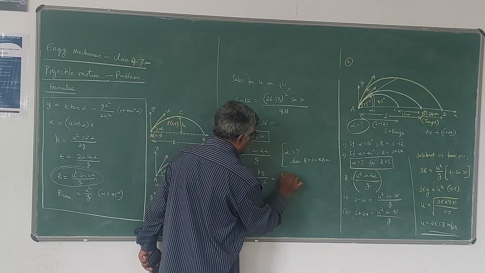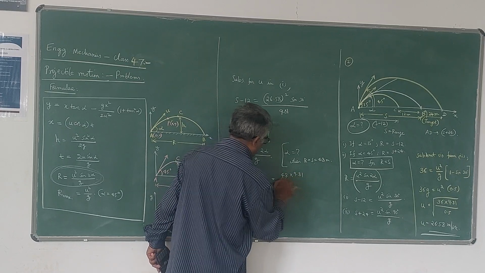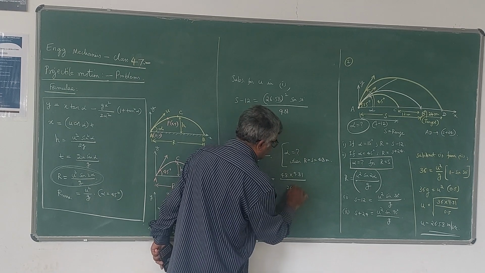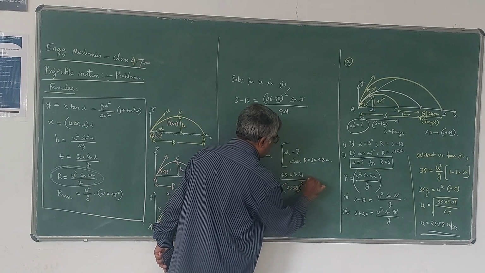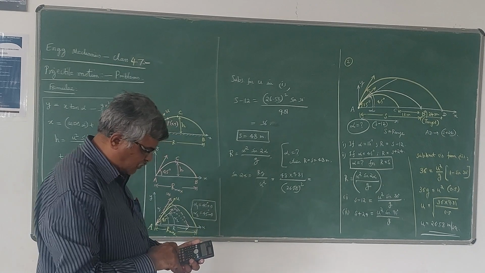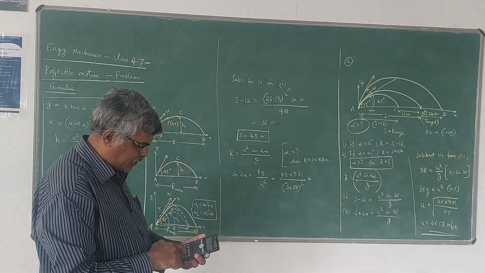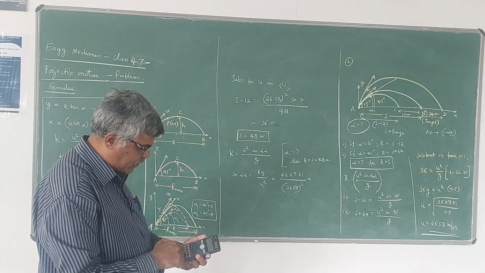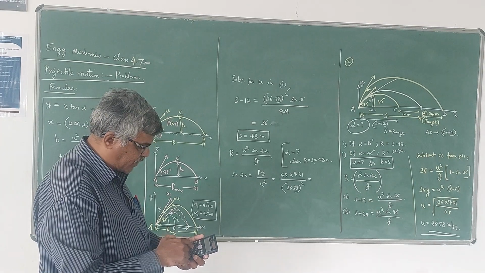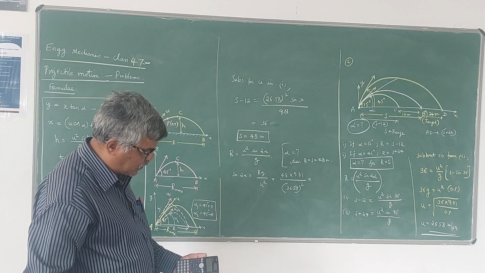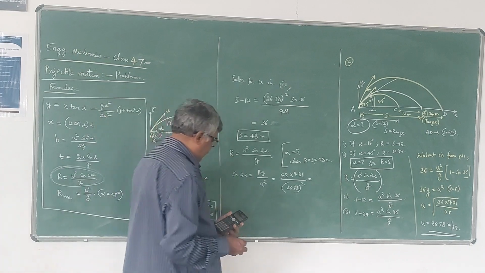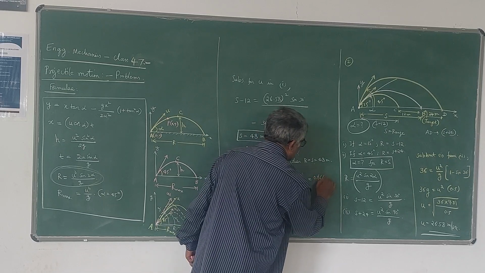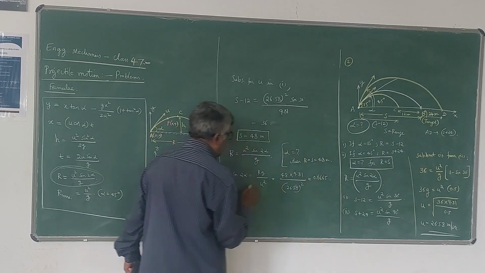R is 48 into G is 9.81 divided by 26.58 square. If you simplify that, it will be equal to 0.6665. So this is sin 2 alpha.